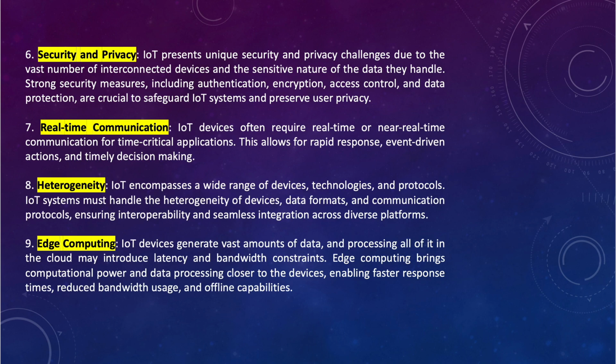If encryption is there, then to encrypt and decrypt there should be an increase in processing power, and so forth, right? Then again, when we talk about an IoT system, security and privacy are a main characteristic of an IoT system. The next feature after security and privacy is real-time communication.